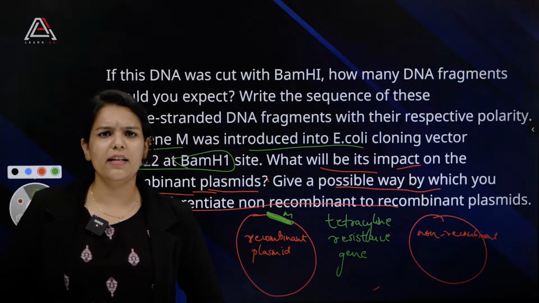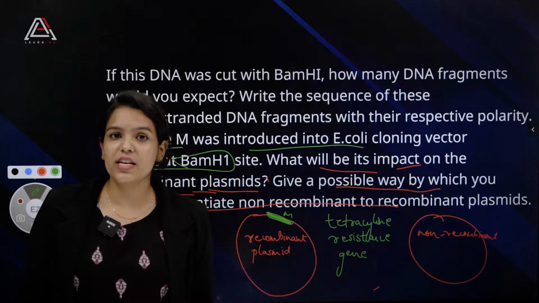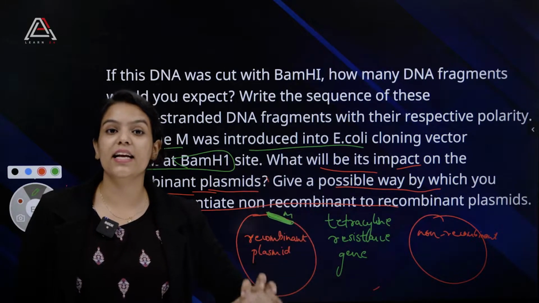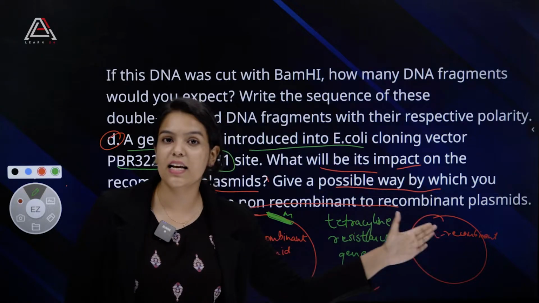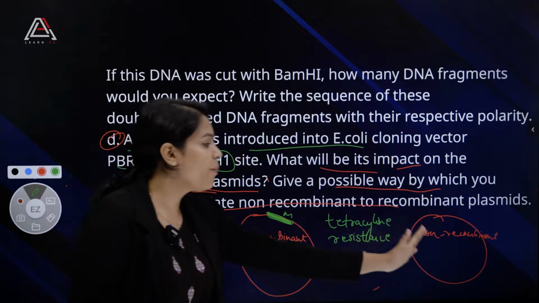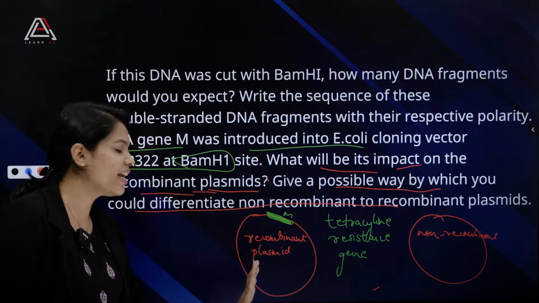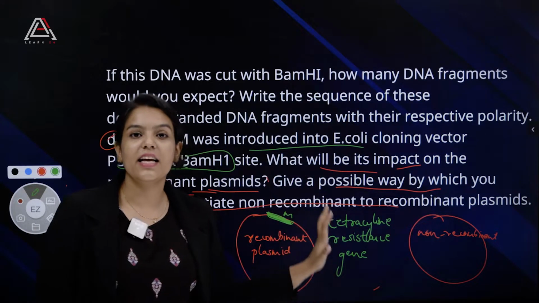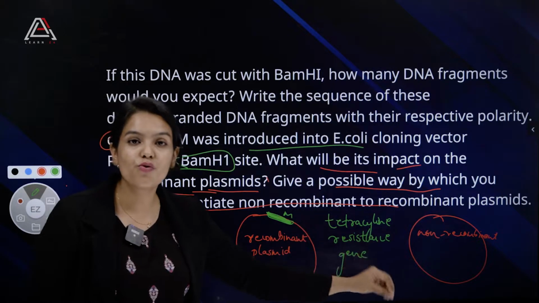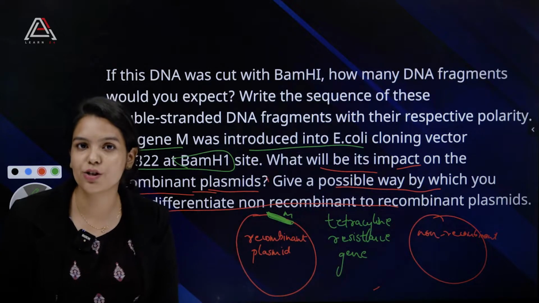There BamHI is present and the tetracycline resistant gene is still there, whereas in the recombinant plasmid, the tetracycline resistant gene is removed as gene M is introduced here.